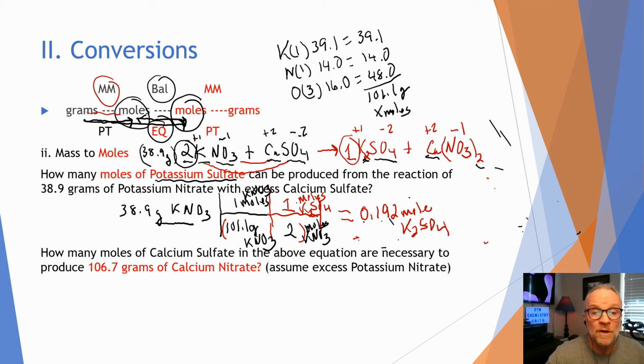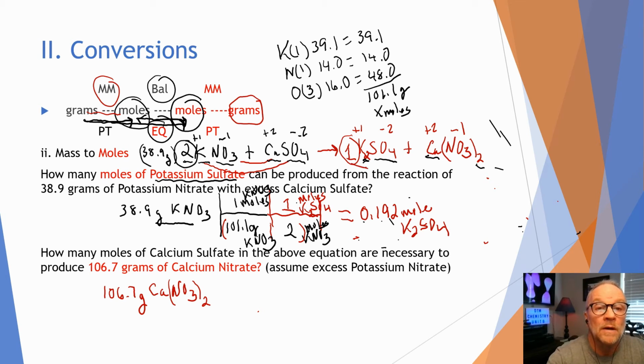So we're starting off with 106.7 grams of calcium nitrate. We are desiring a reactant, and we're asked how many moles of the reactant we need. So we're going to go from grams to moles, and moles back to grams this time.